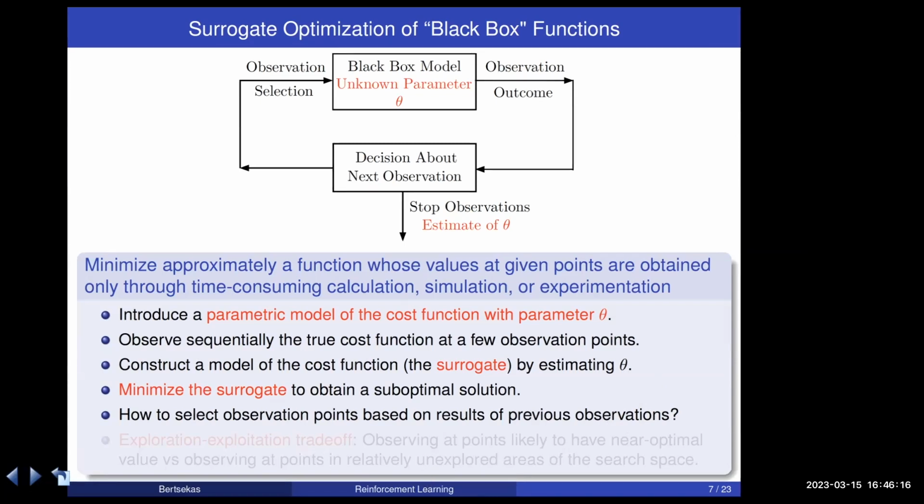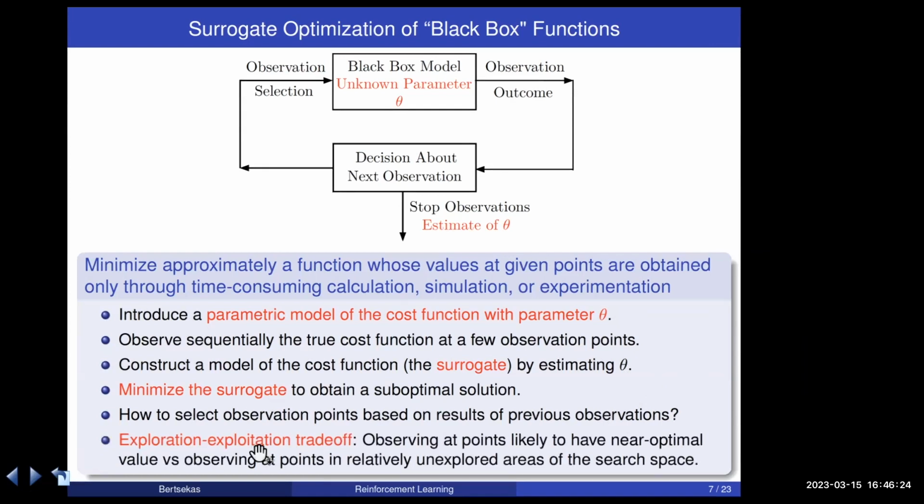And generally speaking, a recurring theme in a method of this type is exploration versus exploitation, the trade-off between the two, which we have seen in the context of Monte Carlo tree search, if you remember.